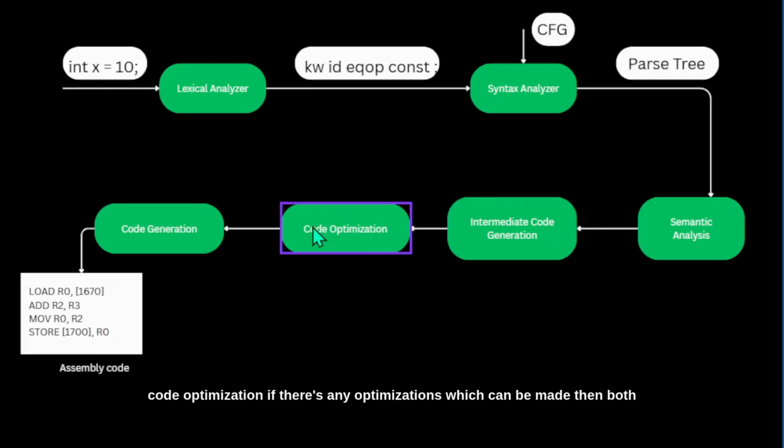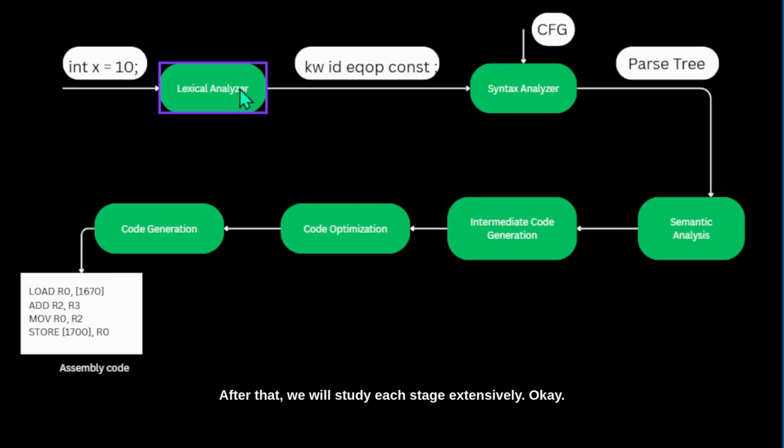Then code optimization, where both machine independent and machine dependent optimizations are made. Then the code is generated, and finally assembly code is generated. So now we will just briefly look at each stage. After that, we will study each stage extensively.